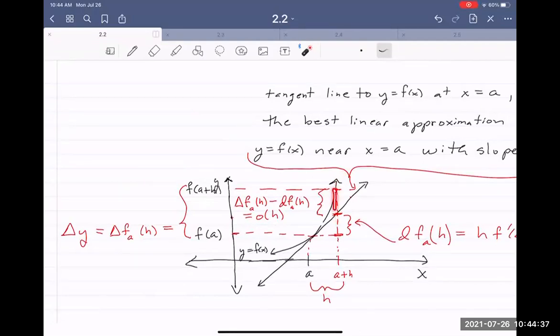So this distance here, this difference here, is the change, f of a plus h minus f of a. And so this is the change in y, which is delta f sub a at h. It is f of a plus h minus f of a. So this is my delta f sub a at h.